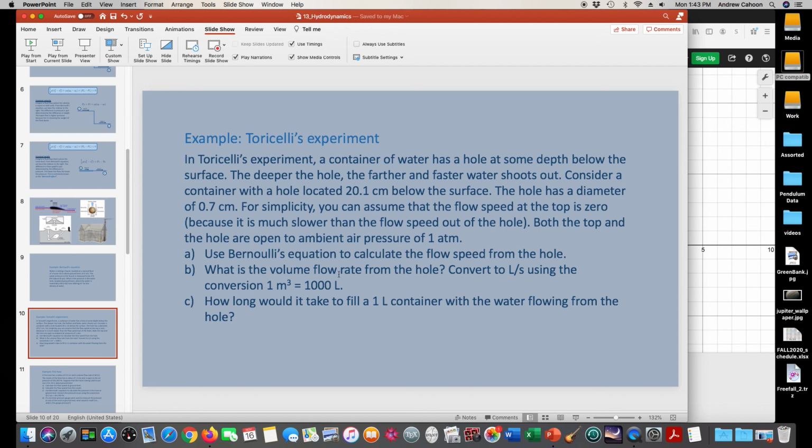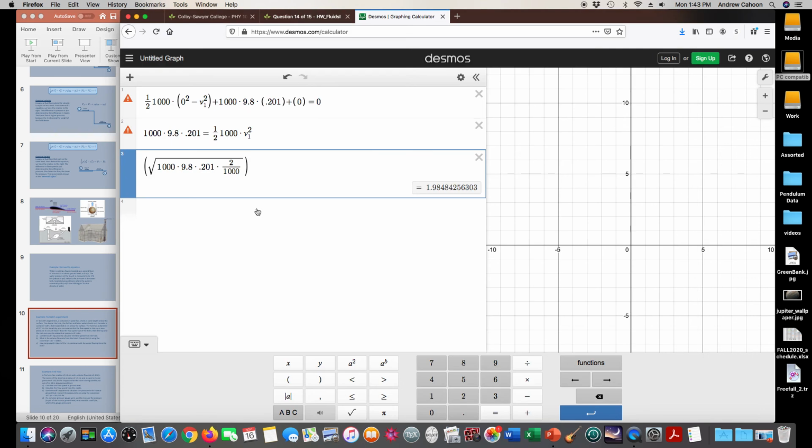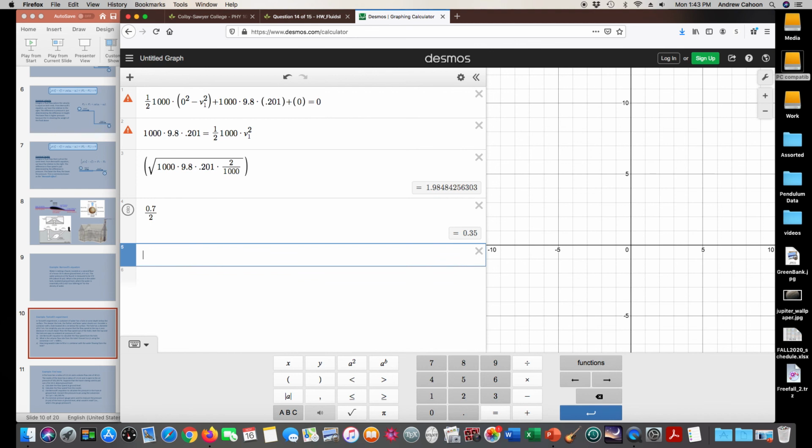Now, what is the volume flow rate from the hole? Volume flow rate is going to be area times velocity, and for the area, we'll need that the diameter of the hole is 0.7 centimeters. So 0.7 divided by 2 gives me the radius of 0.35 centimeters.